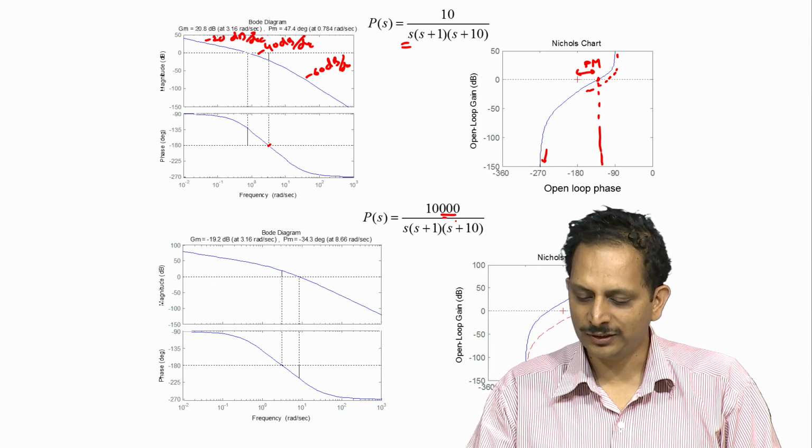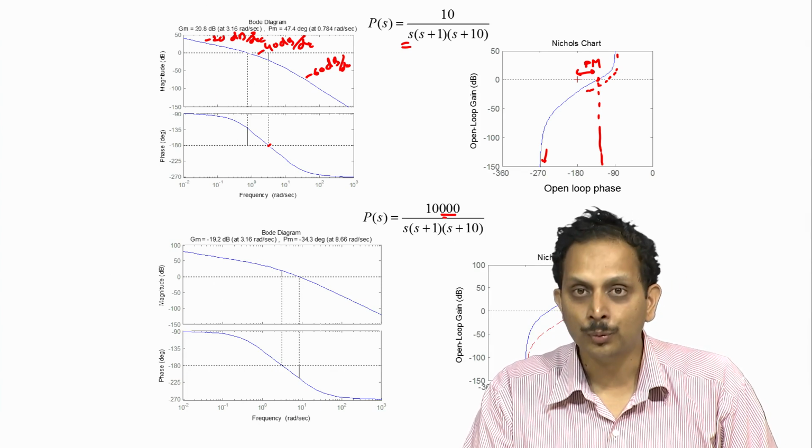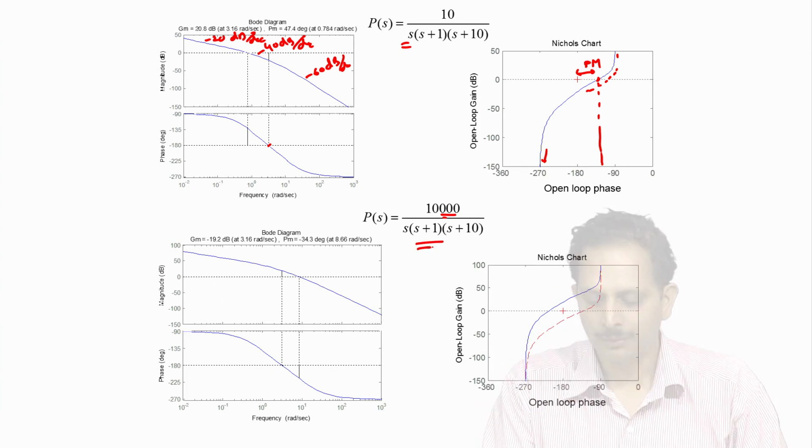And as a consequence the Nichols plot of the new transfer function, P of s is equal to 10,000 divided by s times s plus 1 times s plus 10, is shown by the blue trace here. For reference we have plotted in dotted red curve the Nichols plot of the original transfer function, P of s is equal to 10 by s times s plus 1 times s plus 10.